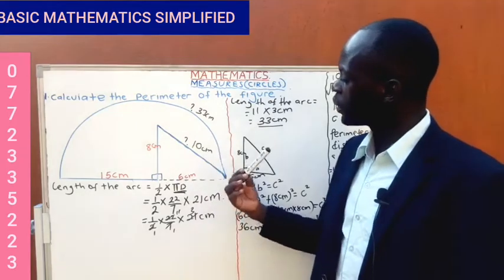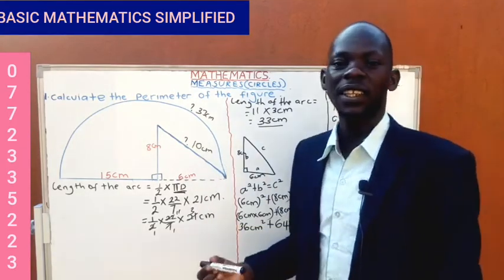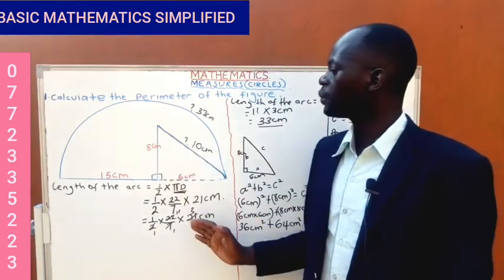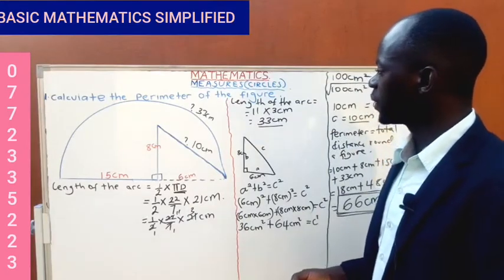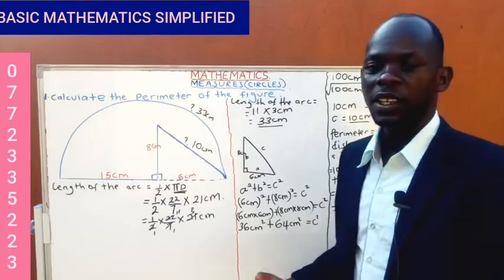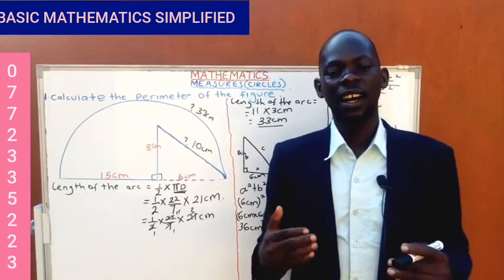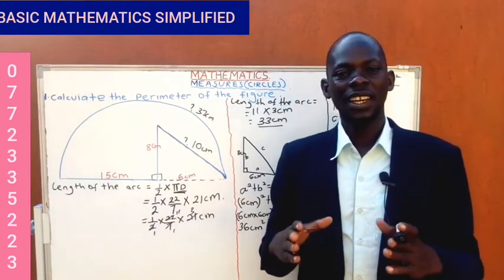So you are supposed to be very, very careful when calculating this. I hope you have understood me right, and after this I will give you a very simple exercise which I don't think any of you is going to fail, and it's going to be in form of words, that is calculate. I hope you are following.